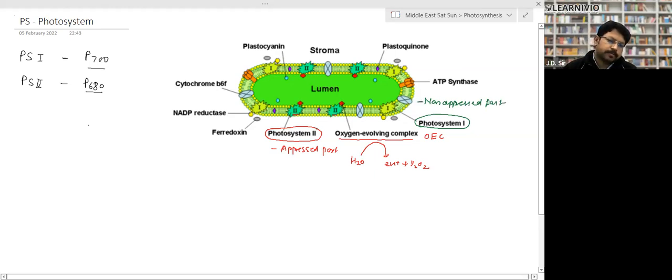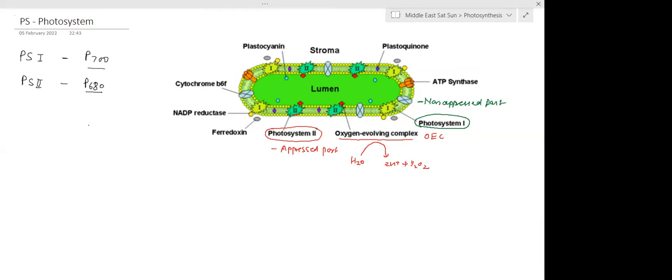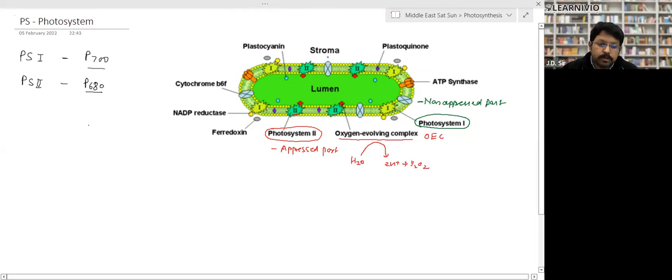Is it clear? Yes, sir. One more thing: around the photosystem there is the stroma. In this membrane there are three things: photosystem one, photosystem second, and an enzyme called ATP synthase. We will require it, right?